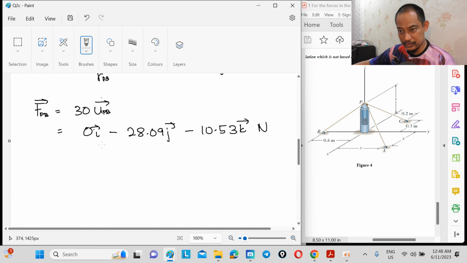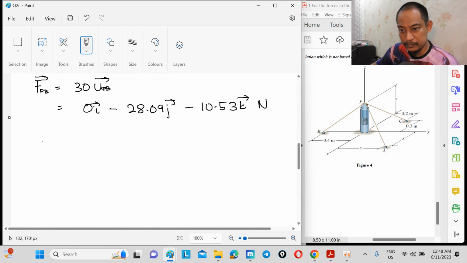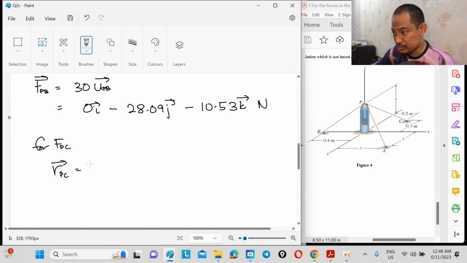What about FPC? For FPC, RPC equals x is minus 0.3i, y is plus 0.2j to the right, minus 0.15k.